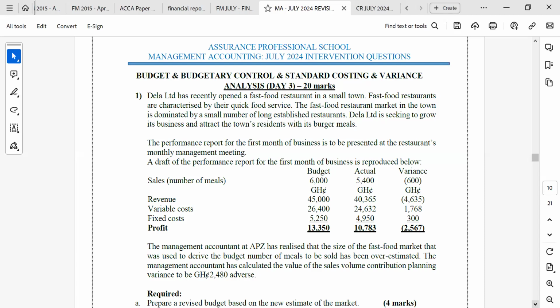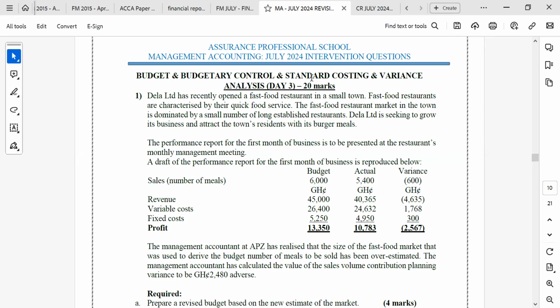Dela Limited is seeking to grow its business and attract the town's residents with its burger meals. The performance report for the first month of business is to be presented at the restaurant's monthly management meeting. A draft of the performance report for the first month of business is reproduced below.